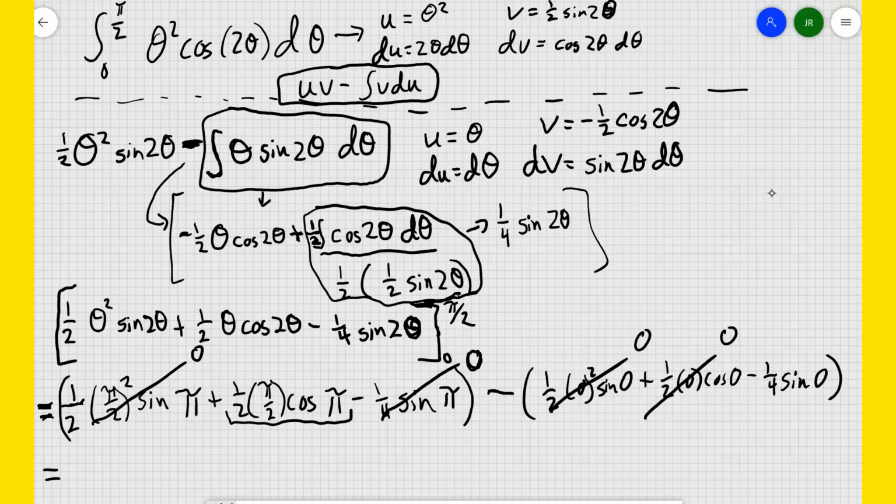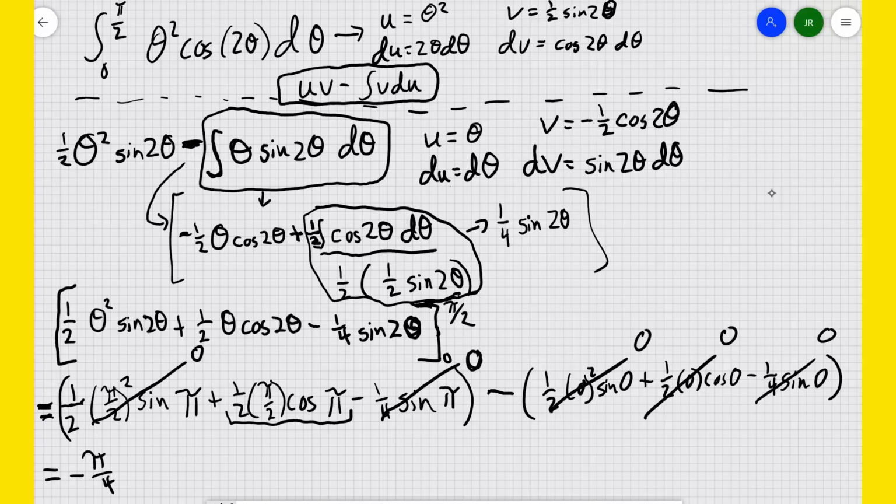That's going to be pi over 4 cosine of pi, which is negative 1. So it's negative pi over 4. And over here, sine of 0 is also 0. So that term goes to 0 as well.